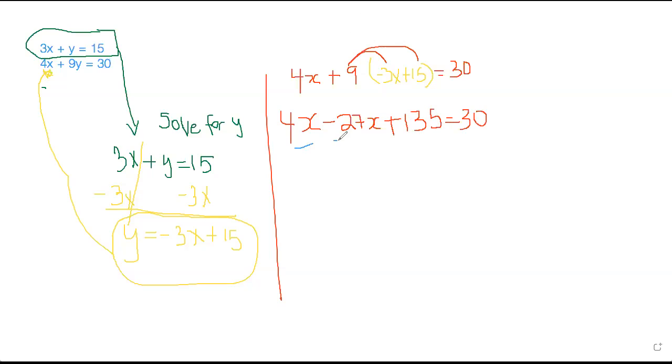Then these are like terms, so that's gonna be negative 23x.